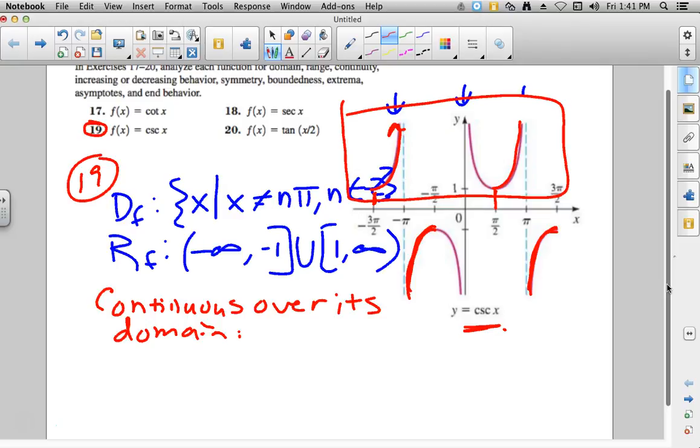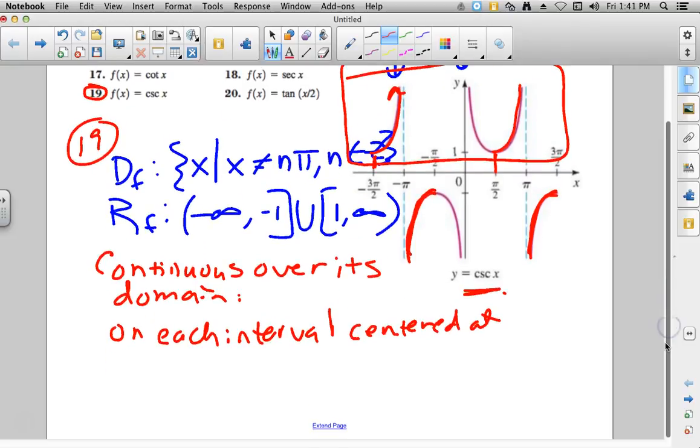So for the ones on the top, we would say on each interval, centered at x equals pi over 2 plus 2n pi. So when that interval is centered at pi over 2 plus 2n pi, where n is the set of all integers, well, then we have to take a look and say that is what we have above the x-axis.